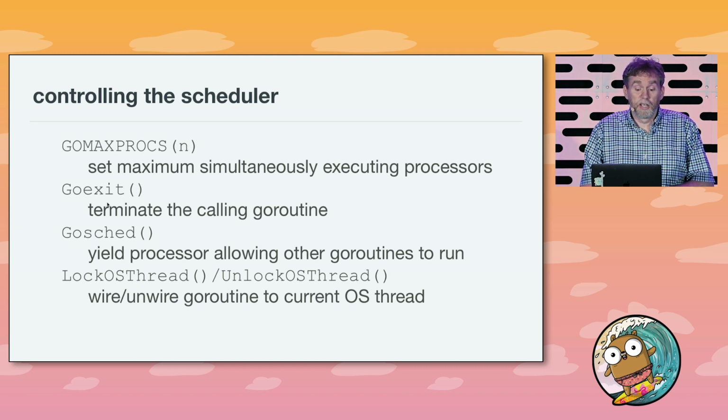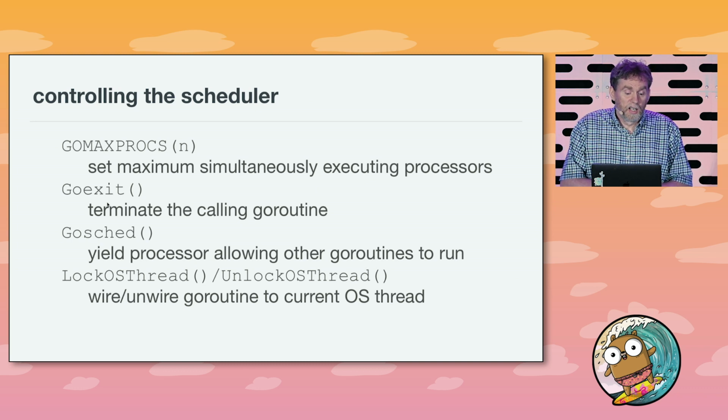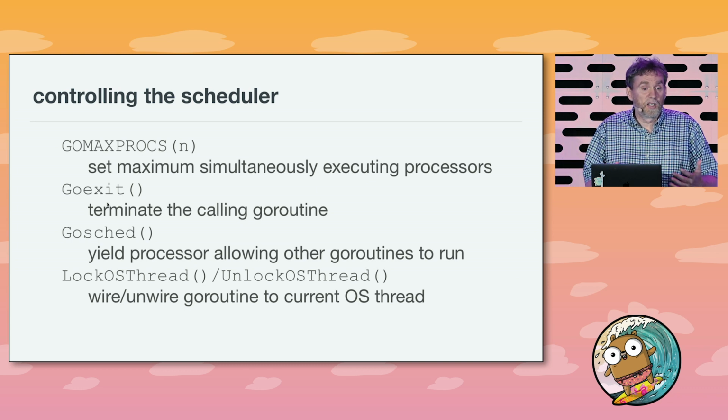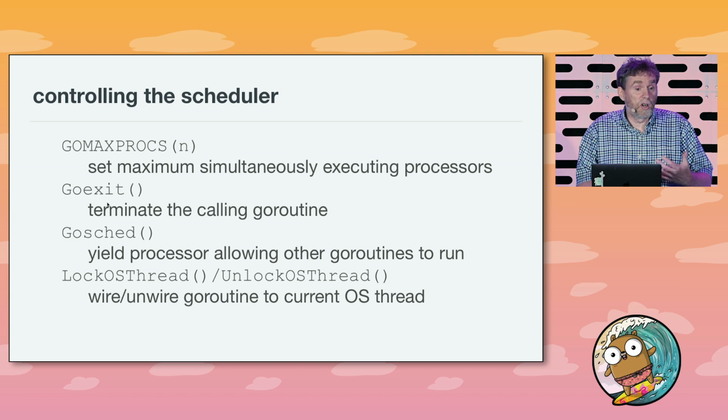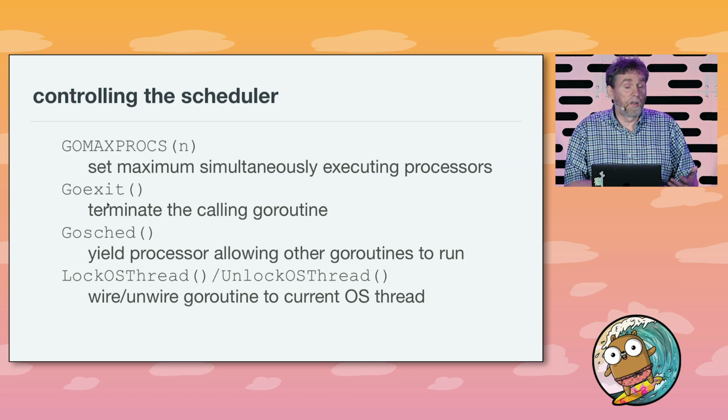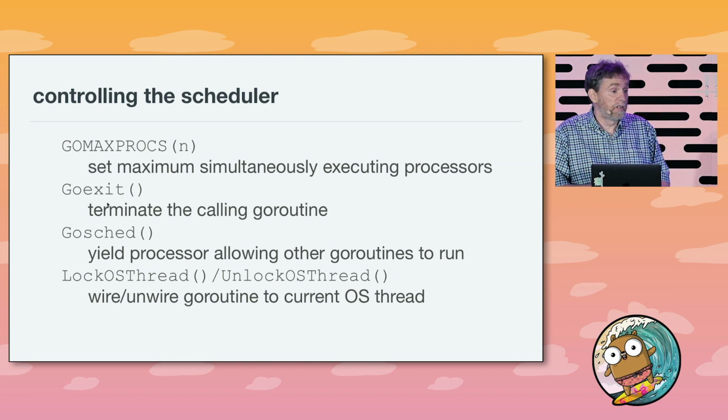Gosched yields the processor now, and it lets some other Go routines run. And then there's the somewhat mysterious LockOSThread, which connects a running Go routine to the current OS thread. That ensures that that Go routine will always run on that thread. Anybody use LockOSThread?